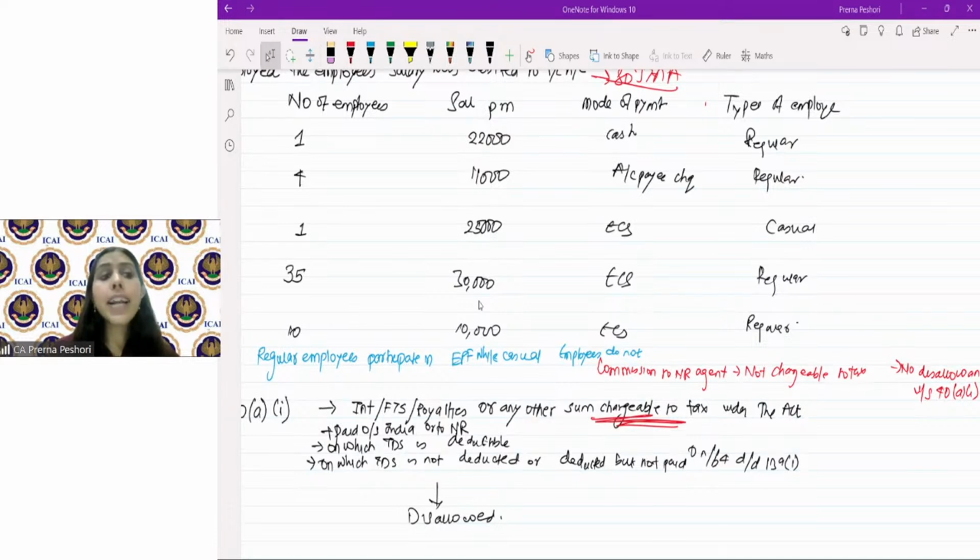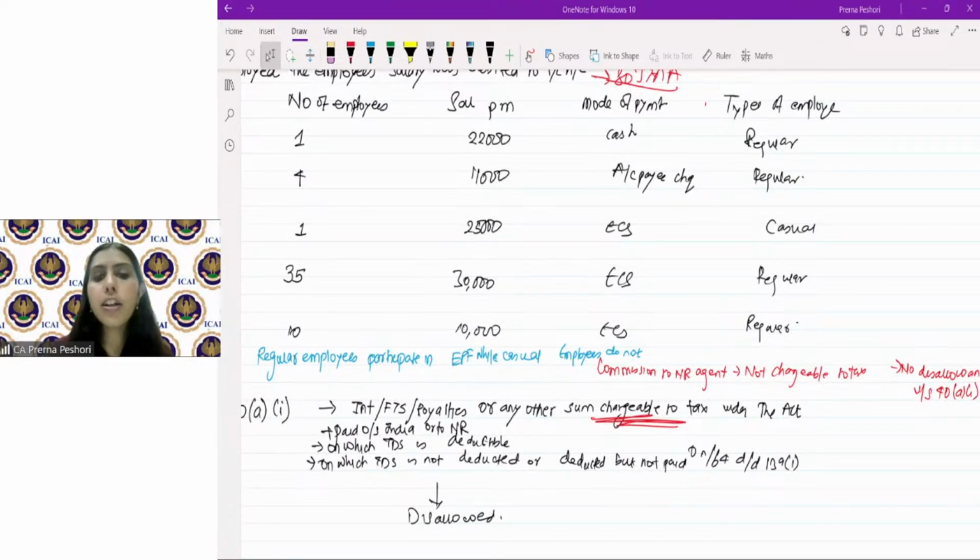Now, the additional employee cost will not be considered if the salaries are paid otherwise than by account payee cheque or account payee bank draft or ECS or any other electronic payment. Right?